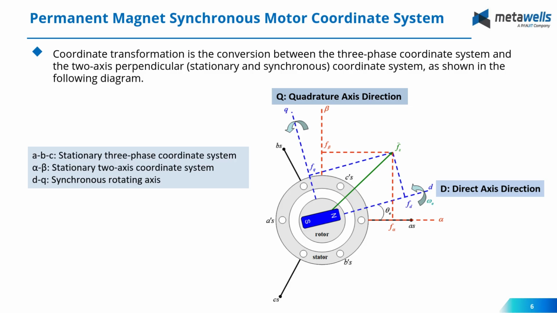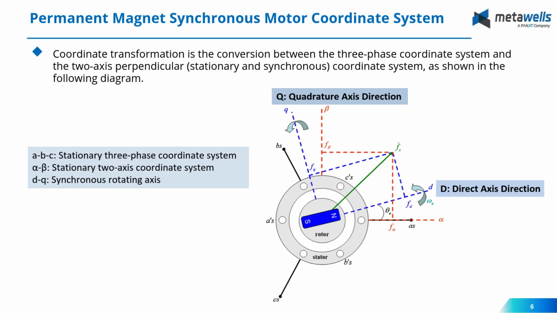We can see the A, B, C is an ABC frame. This is where the original motor voltages and currents exist, sinusoidal waveforms that are 120 degrees apart.